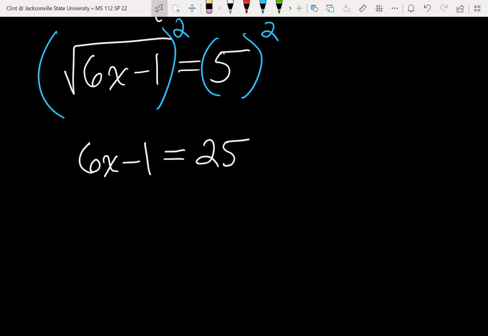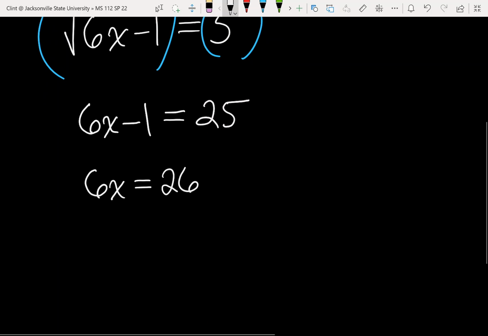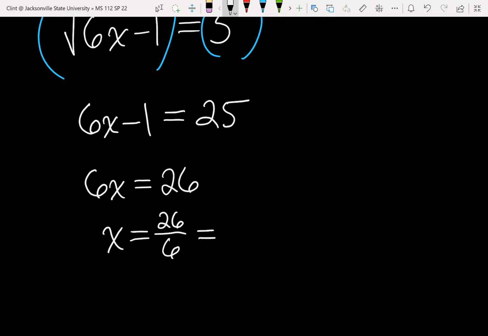To get x by itself, we add 1 to both sides. Then we've got 6 times x equals 26, so we divide both sides by 6, and that simplifies. This one didn't come out nice, but that's okay. We got 13 over 3.